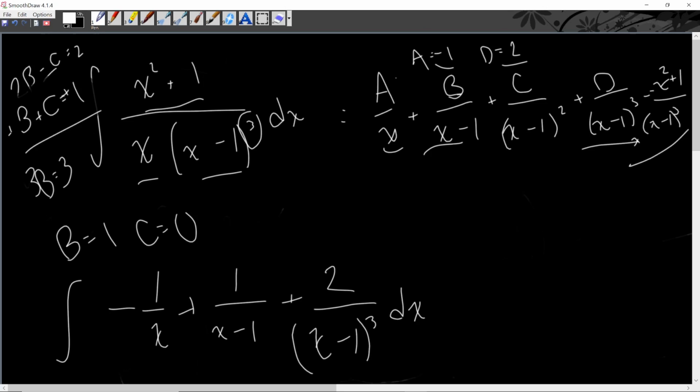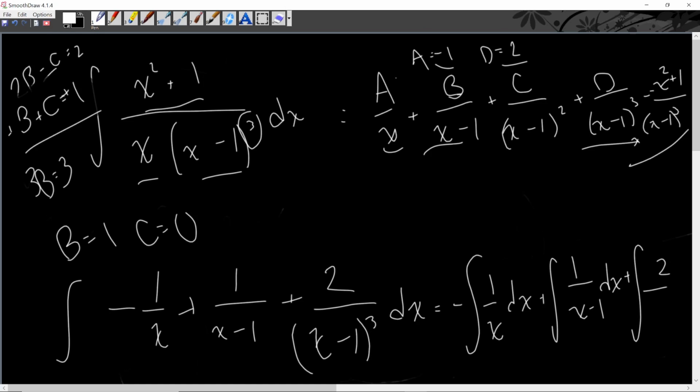But we can definitely do it. Now, let's see. Integral of negative, well, let's just split these into terms. We can bring that negative out. We have 1 over x dx plus 1 over x minus 1 dx plus 2 over x minus 1 cubed dx.